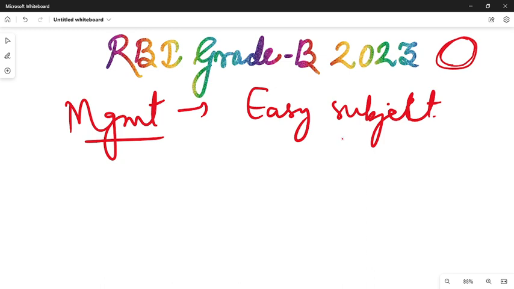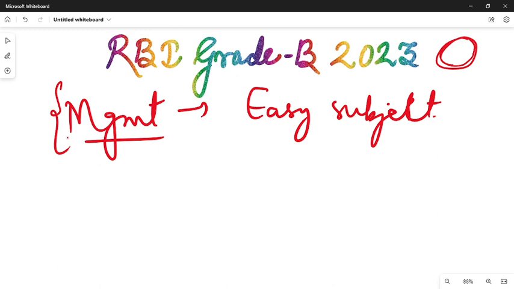So what were my sources? My sources were not very vast. I've seen so many people recommending PC Tripathi. I've seen so many people talk about how to go into the depths of this management section, but you don't actually need to go into too much depth. If you read the basic, compact things, you will be able to get the gist of management.